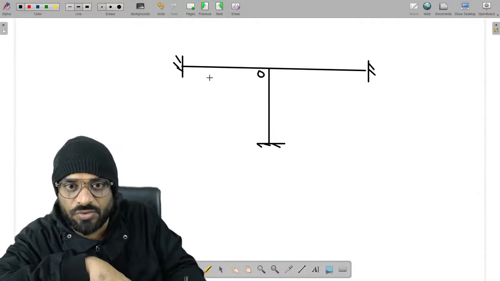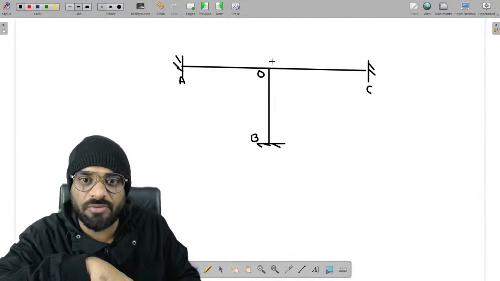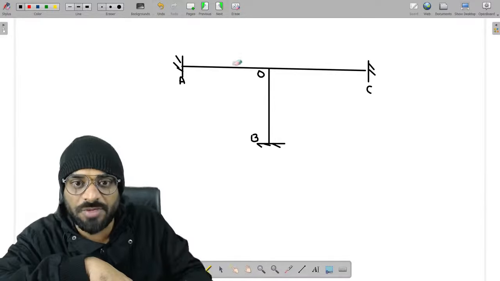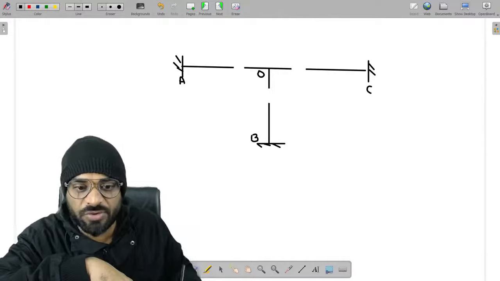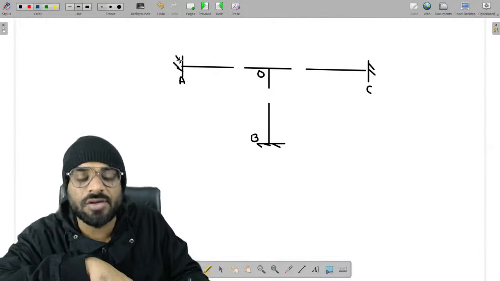Let us suppose this is O, this is A, this is B, this is C. I want to write down the joint equilibrium equation at joint O. So guys, what you have to do is break this particular joint and apply the moment on the members in a clockwise direction.